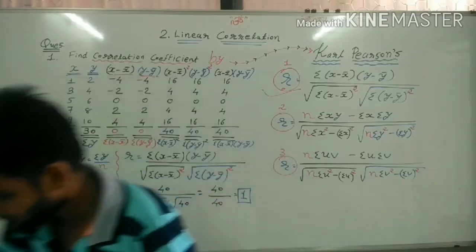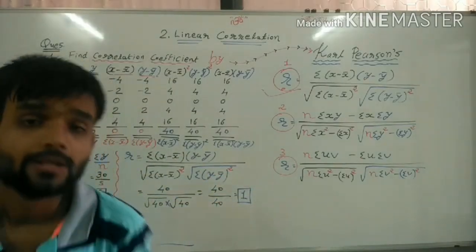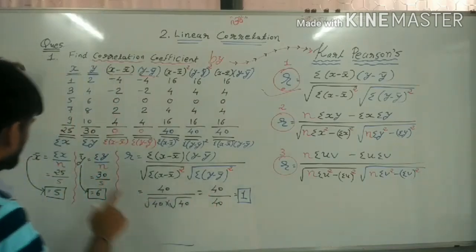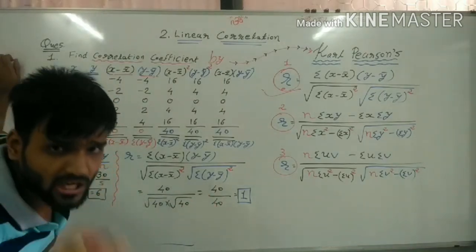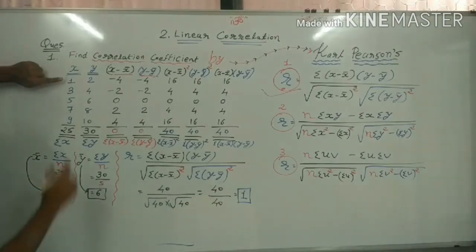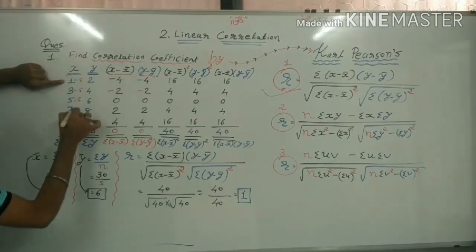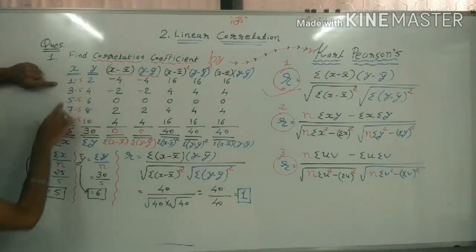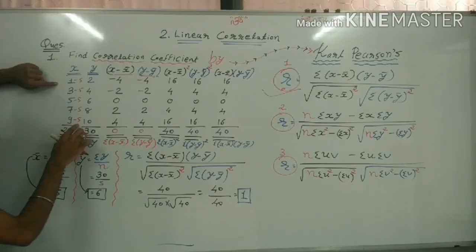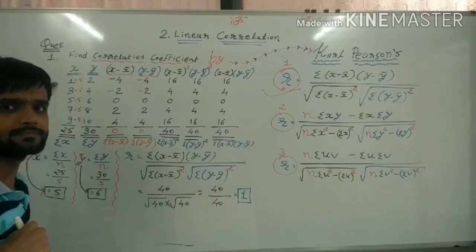Here x bar is equal to 5. So from all the values of x, we are deducting 5, because we need to find x minus x bar.